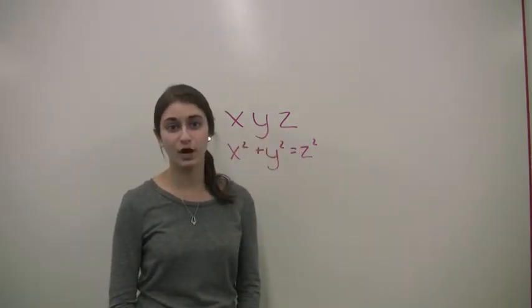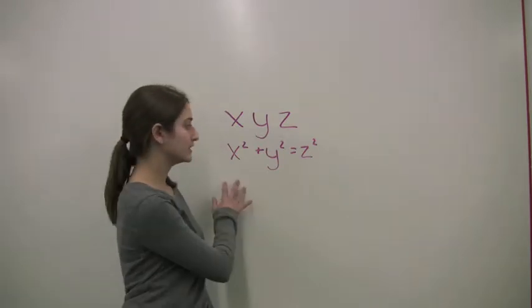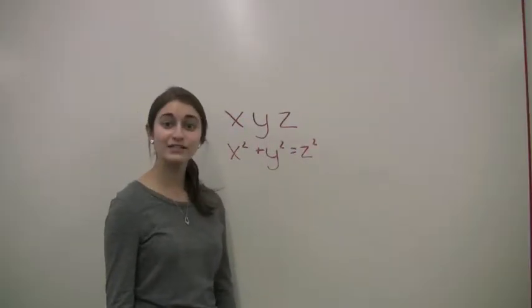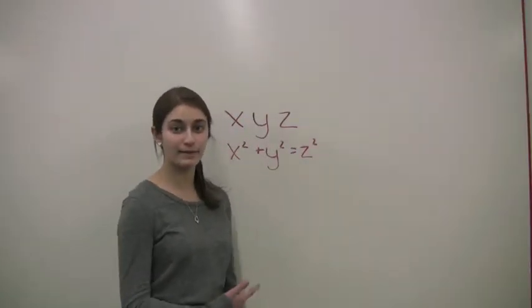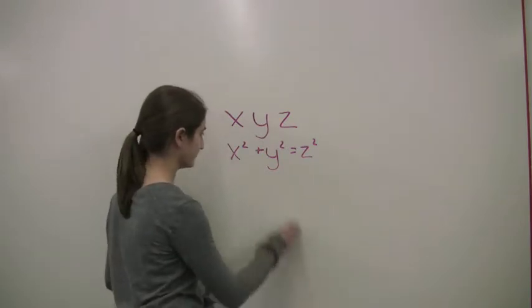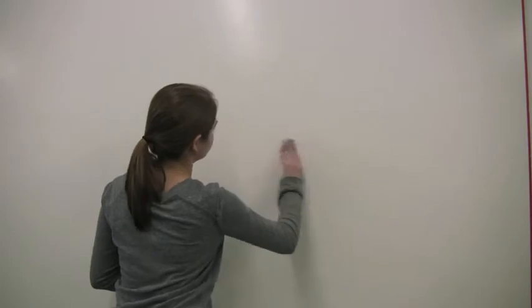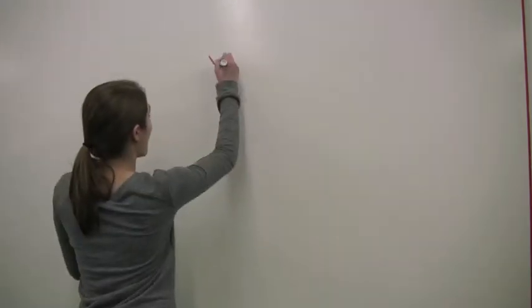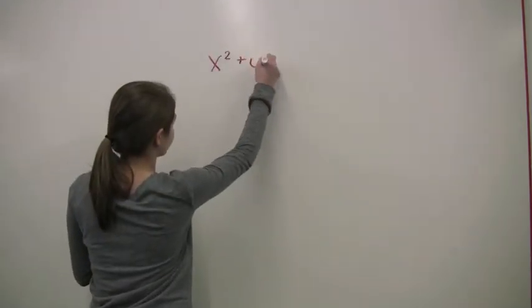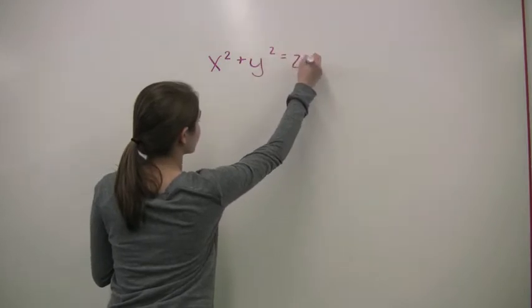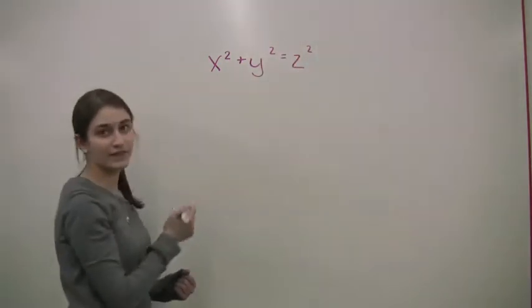We begin this problem by transforming this equation. Let's rewrite this problem and begin to transform the equation. X squared plus y squared equals z squared, the Pythagorean theorem again.